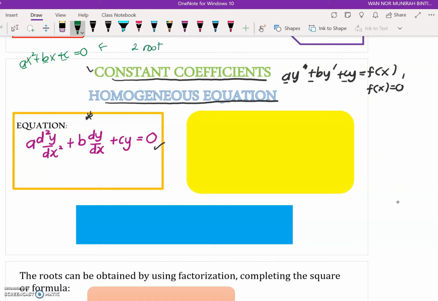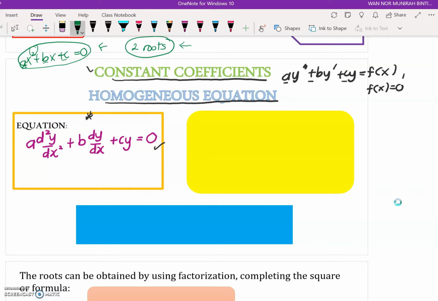We have two roots of this equation because we have a quadratic equation of degree 2. We can find the roots by using the formula, or we can try to factorize, or we do what we call completing the square.